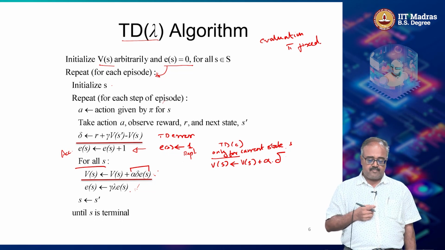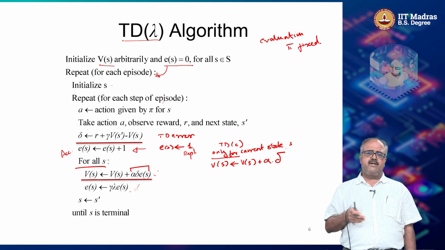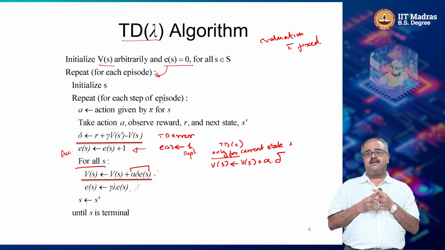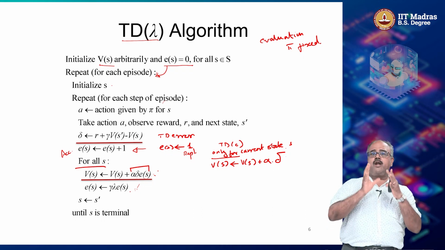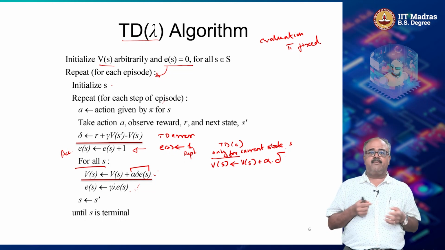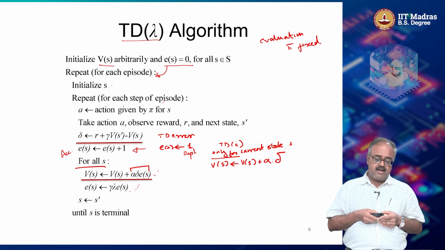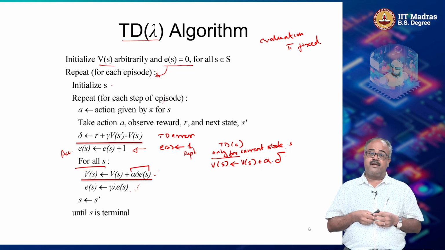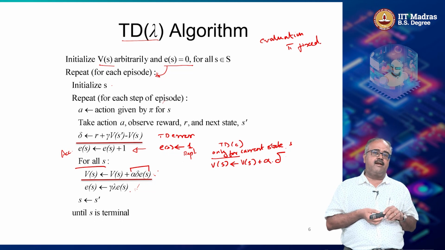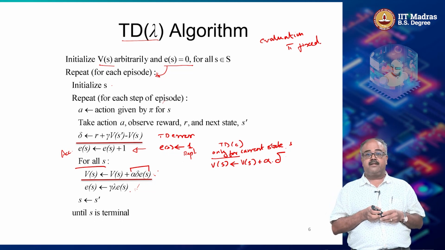Okay. So, the TD-lambda algorithm is fairly straightforward to implement if you are not using function approximators, if you are not using things like a neural network. When I start using a neural network for representing these things, then it becomes a little tricky. It is not entirely clear how I would implement the TD-lambda algorithm efficiently.